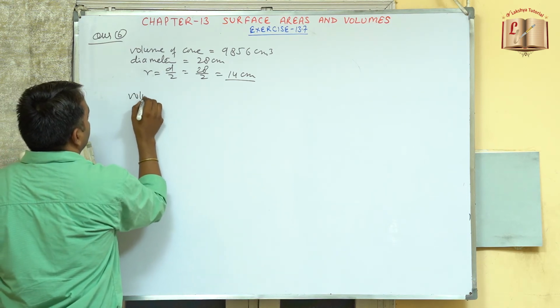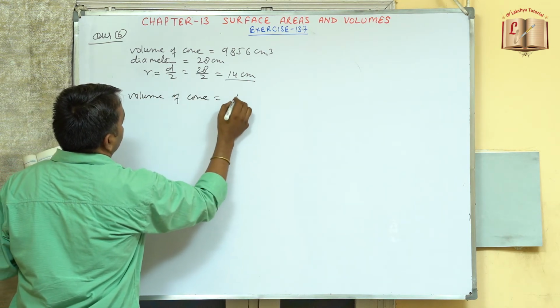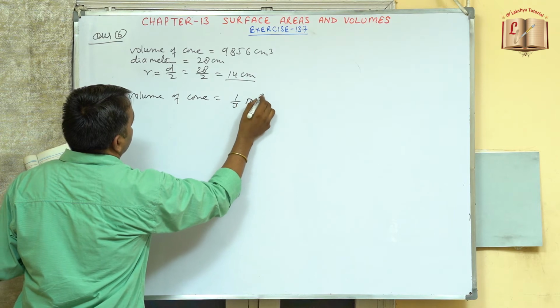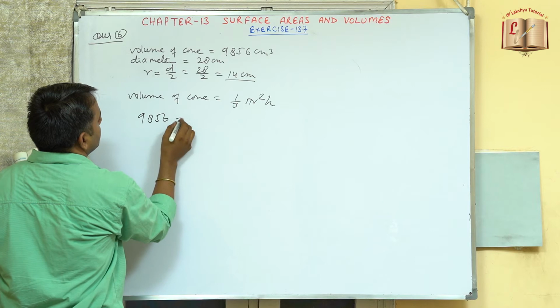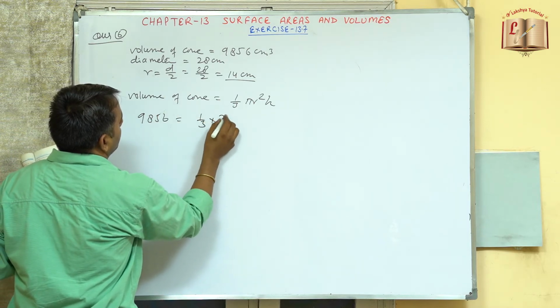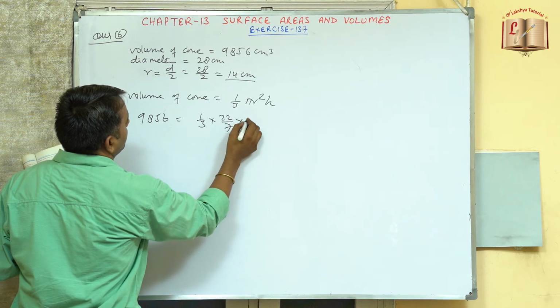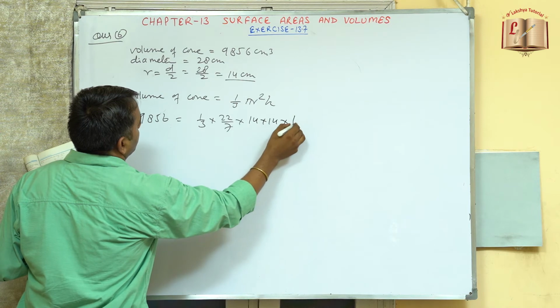So volume of cone will be equals to 1 upon 3 pi r square h. So volume of the cone is already given to us. So this will be equals to now 1 upon 3, 22 by 7 into r square. This is 14 into 14 into h.